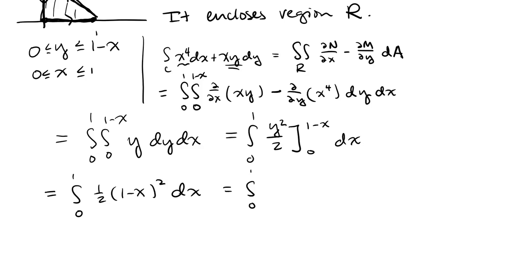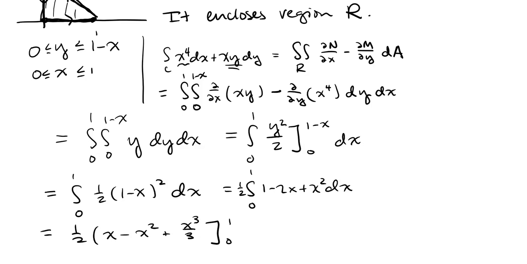Let's simplify the algebra real quick. I'll keep the 1/2 on the outside; we could just pull it right out of the integral altogether. Then (1 minus x) squared is 1 minus 2x plus x squared, dx. So we end up with 1/2 times: 1 goes to x, the negative 2x goes to negative x squared because the 2's cancel out, and then plus x cubed over 3, evaluated from 0 to 1.